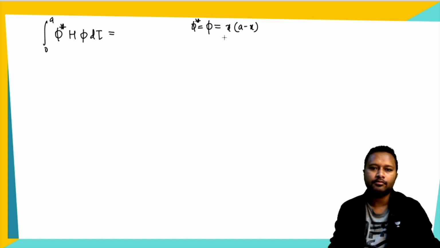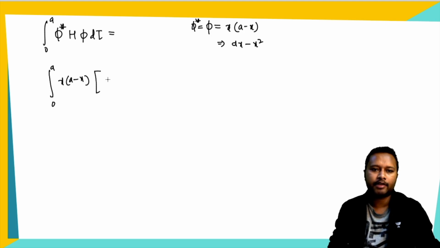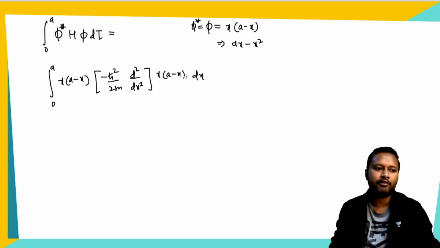If I multiply, I can also write it as ax minus x square. So if I put it here, it will be the integral from 0 to a of x(a minus x), and H will be minus h cross square upon 2m d2 by dx square, then x(a minus x) dx. This is what I will have if I substitute every value here.